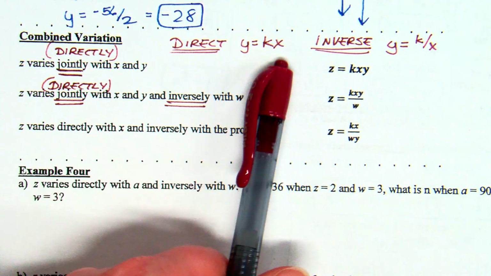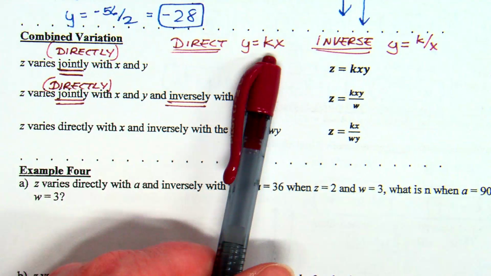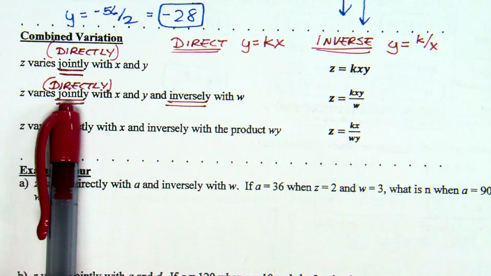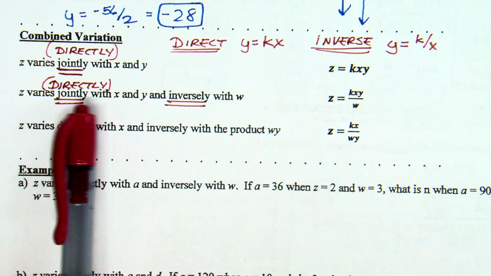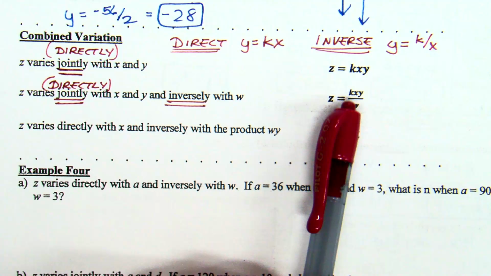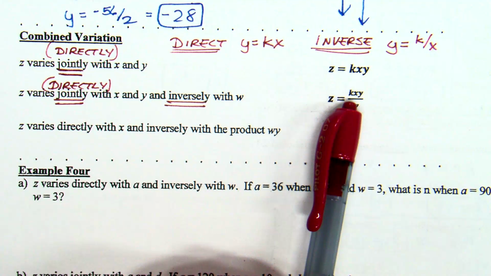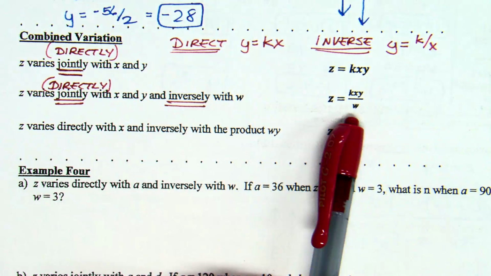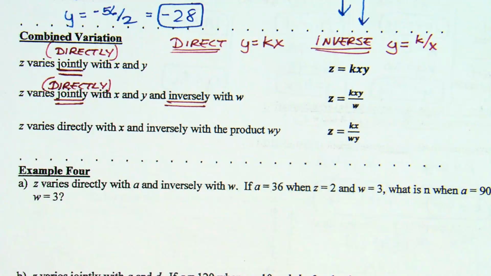We have to multiply by k, right? Inverse variation, we have to divide. Notice right here, z varies directly, jointly, with x and y, so z equals kxy. And inversely with w. So what do you do with the w? You divide by w. So directly or jointly, you're multiplying those things by k. Inversely, you're dividing those pieces.